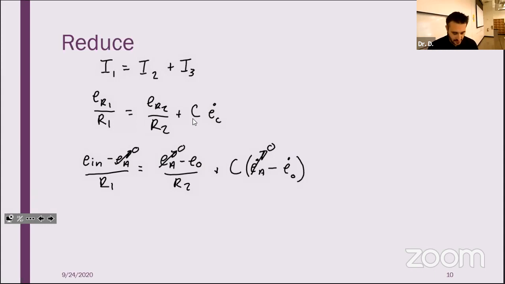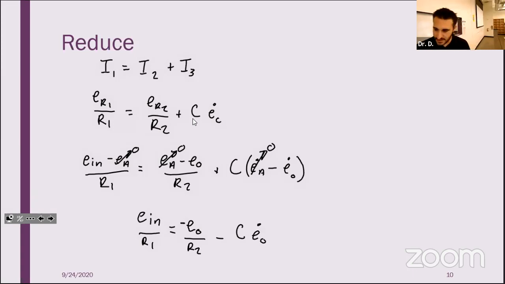Now everything seems to be in terms of our other variables that we were interested in, right? Sorry, that should be a minus, not a plus. Minus the dot.